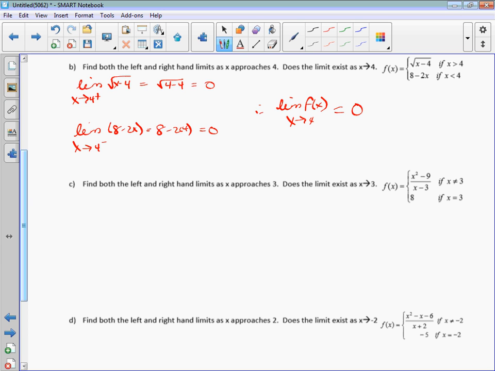The left and the right were 0? Okay. Should we talk about C?